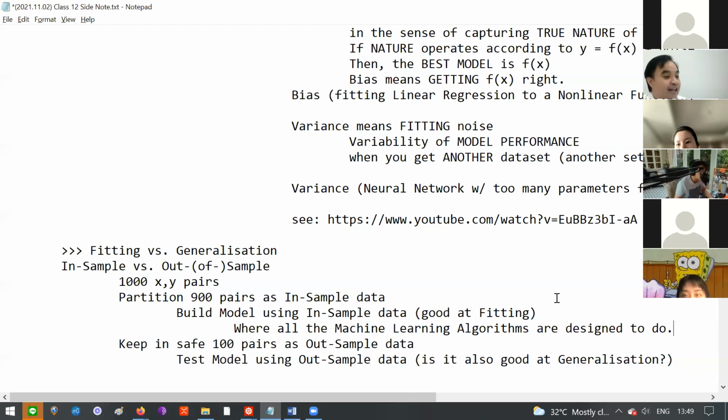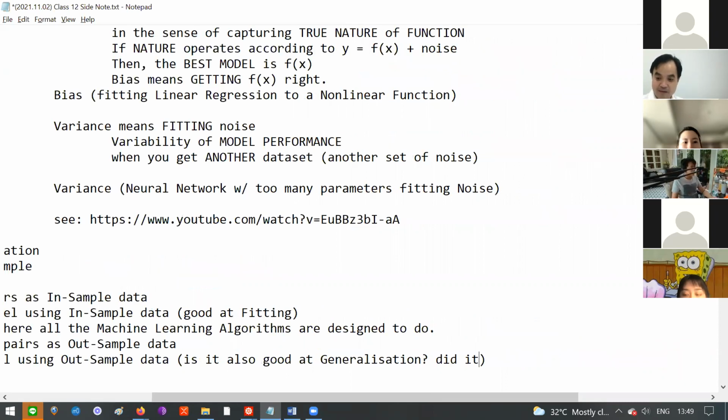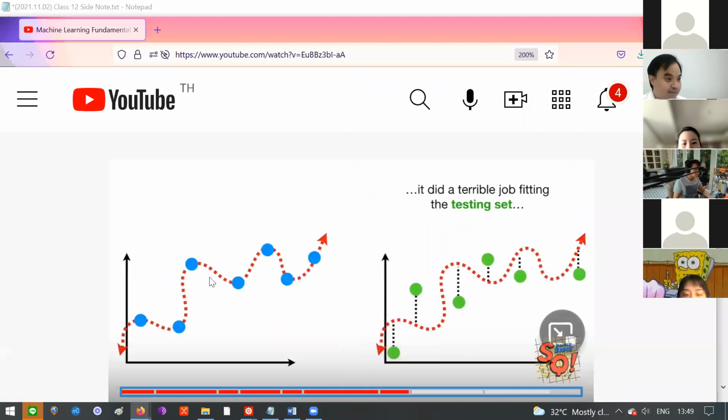However, it may overfit, in which case, is it good at generalization? It's the same thing as asking, did it overfit? If it did this, it overfit.